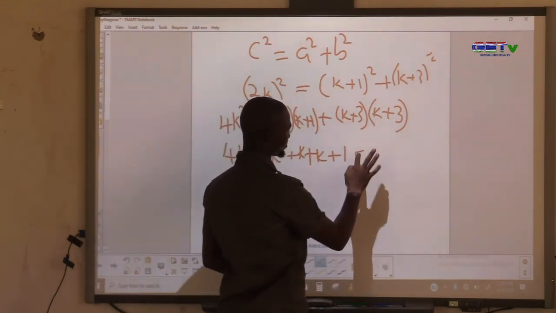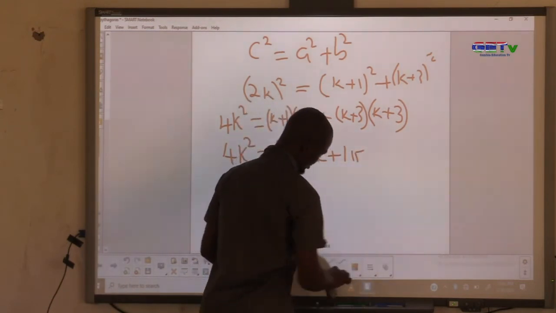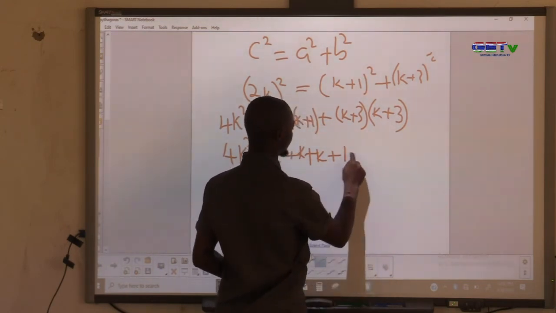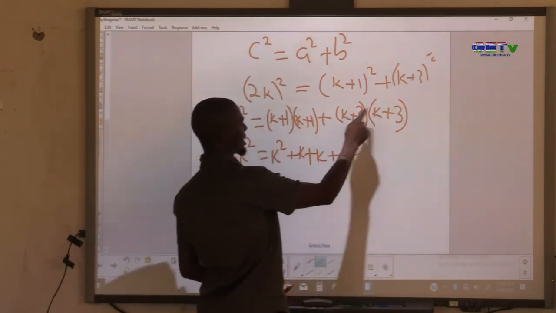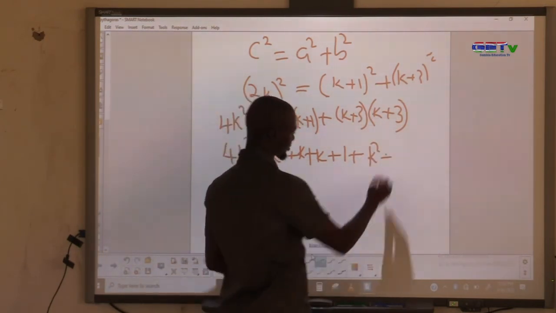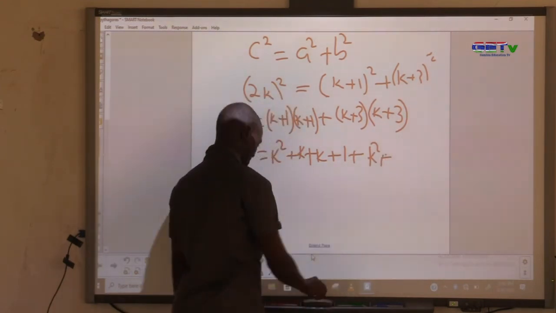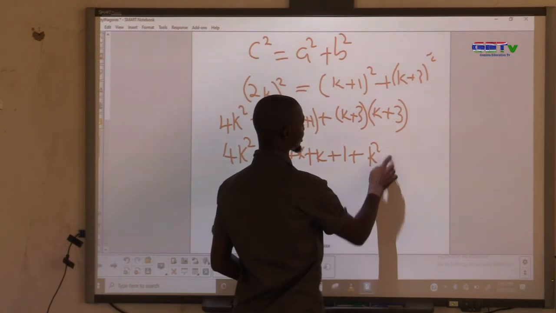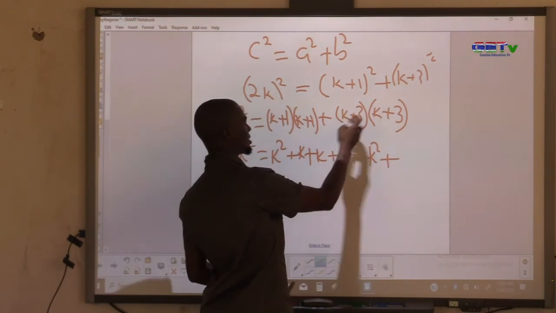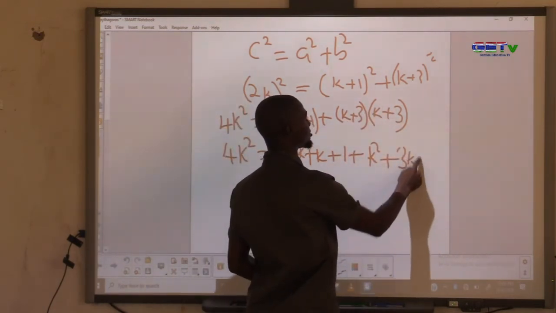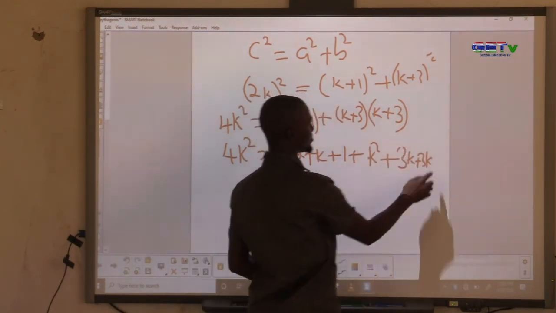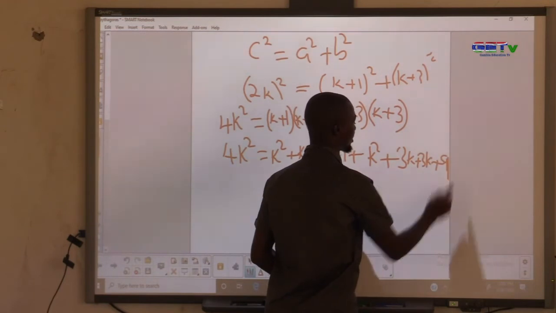Then plus k times k is also k square, plus k times 3 is 3k, plus 3k, that is k times 3 times k, then plus 3 times 3 is 9.